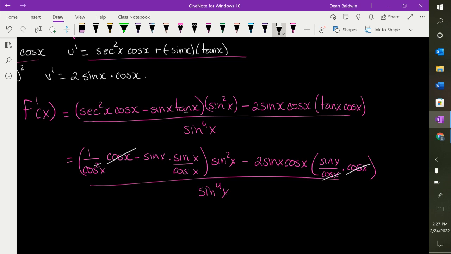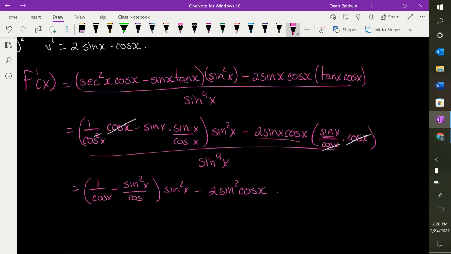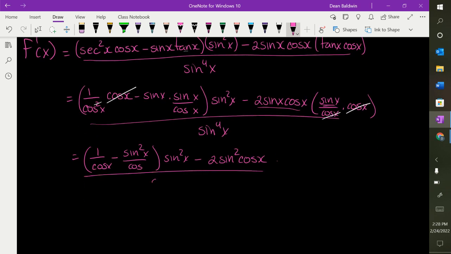So now I end up with 1 over cos minus sine times sine is sine squared over cos times sine squared on the outside minus, those cosines are gone, so I can multiply this times this, which gives me 2 sine squared cos of x. It's all over sine to the fourth of x.